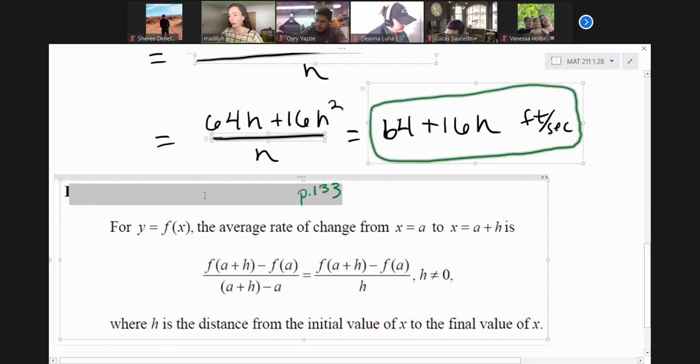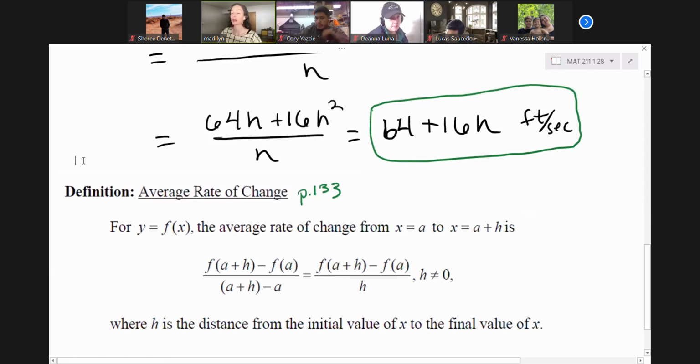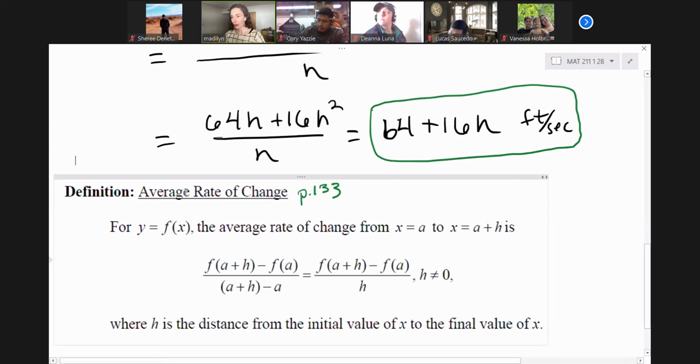So average rate of change in this could be velocity, like we were just seeing. It could be the cost of making coffee makers, cost per coffee maker, can be anything that's changing. The average rate of change from one starting point to the next, if our starting point is A and we're going up to A plus H, this is our average velocity or average rate of change.